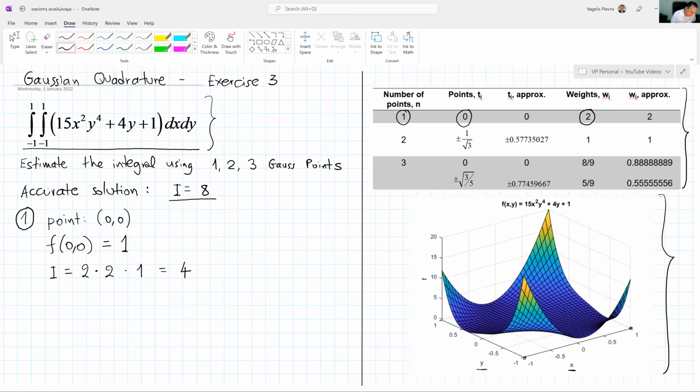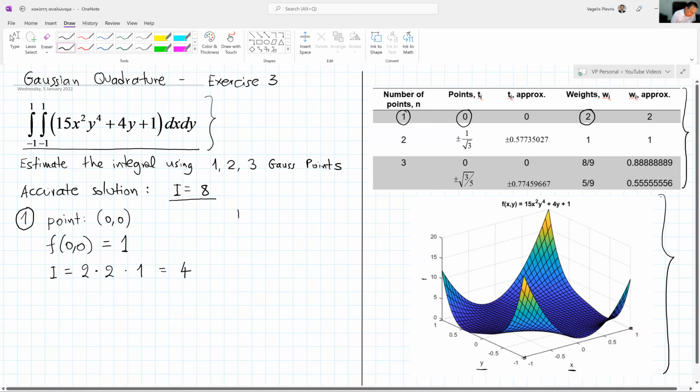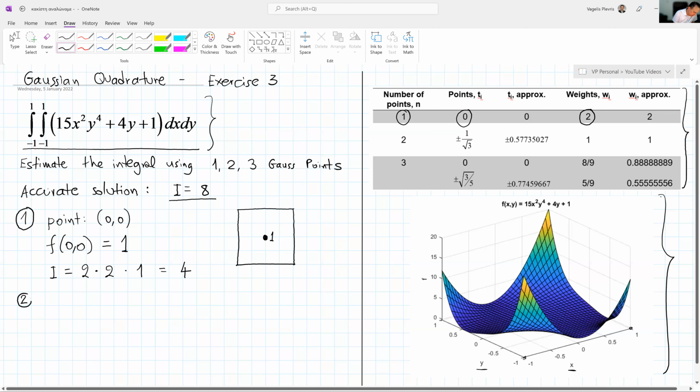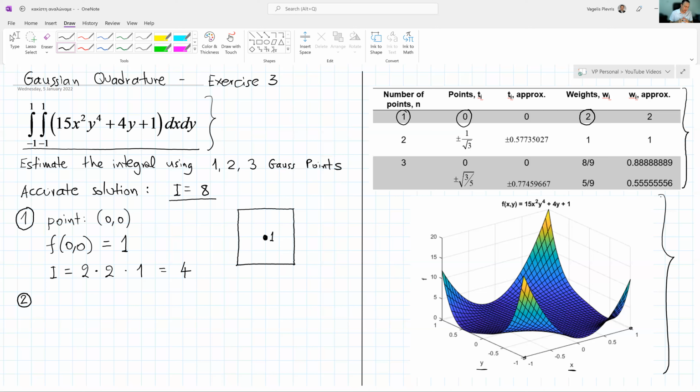In this case, I used, let's say, this is the domain, and I used only the 0, 0 point for my approximation. Second, we will do the same using now 2 points per direction, which means 4 Gauss points in general.